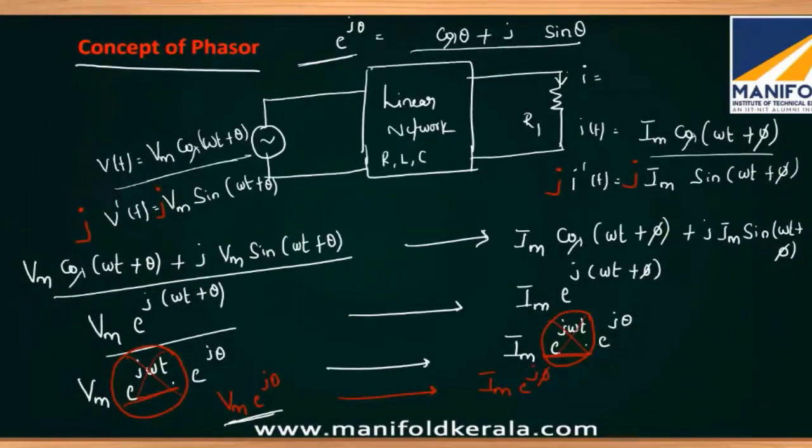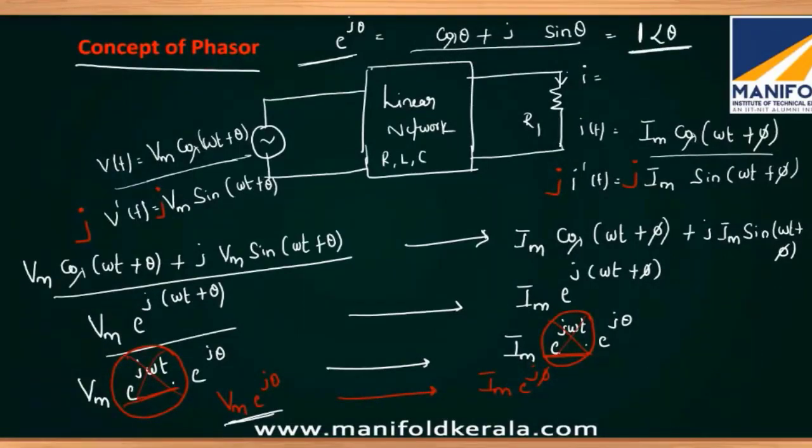That means cos theta plus j sin theta, the magnitude of this one is 1. What is the angle? The angle will be tan inverse of sin theta divided by cos theta, so you get the angle as theta.